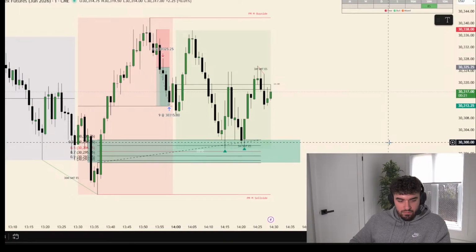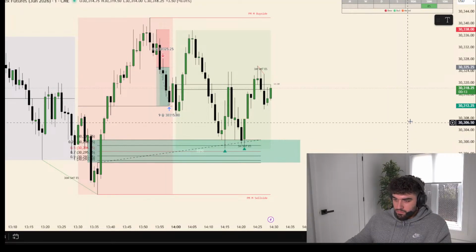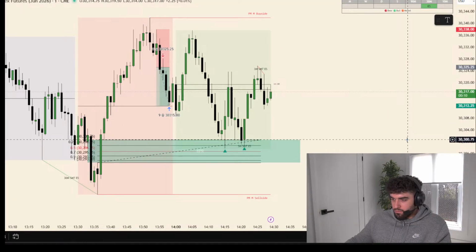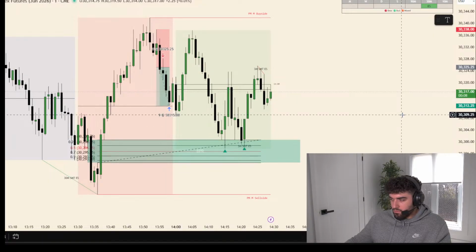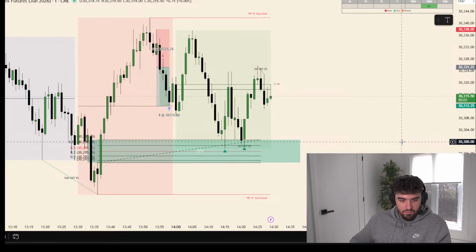That was the entry right there. The killer entry at 13. I'm calling it a little bit late, but that was the entry right there.